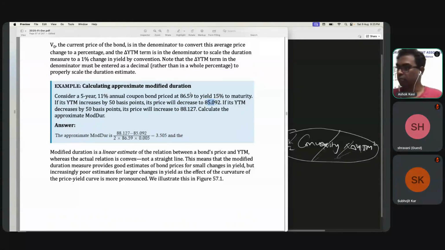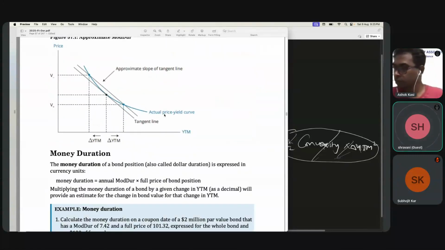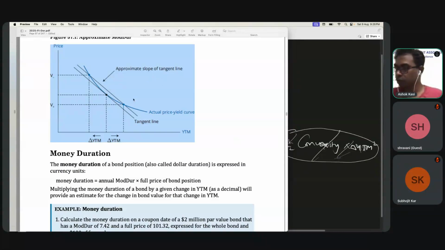So the value is directly given. You have to just plug in the numbers. So are you able to understand this formula now? Yes. Okay. This is convexity. Right. Okay.